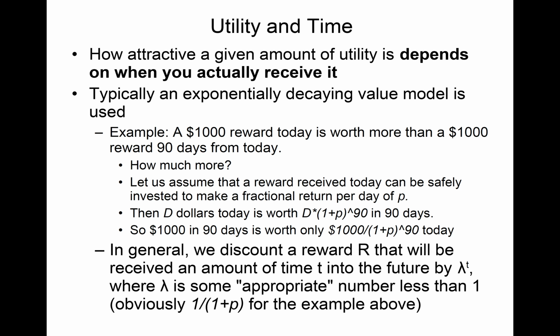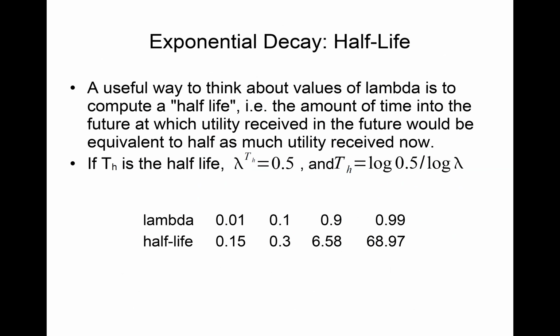So in the example above, lambda would be 1 over 1 plus P, right? It's really less than 1. Good. Okay, that's the model that we use in reinforcement learning. And again, it makes beautiful sense for financial applications, which, by the way, use reinforcement learning to death. But it's not terrible anywhere, I guess. That's why it's been adopted.